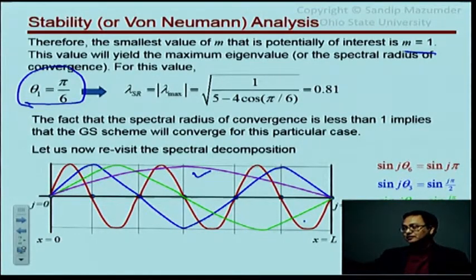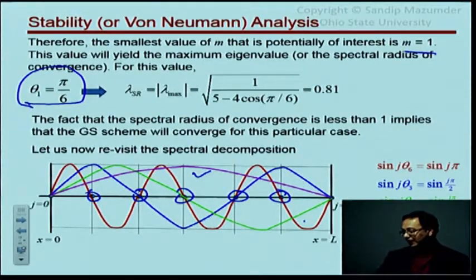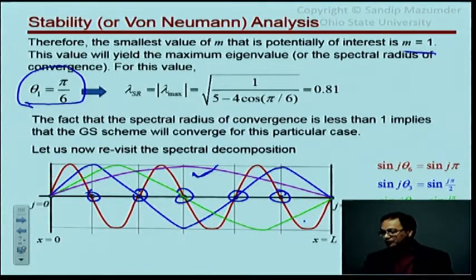It has maximum flexibility to do whatever it wants. All the other strings are anchored at some point inside the domain because you're forcing it to go to 0. So these are the anchoring points, as you can see. But this wave is free to do whatever it wants. So this is the largest wavelength we are talking about.